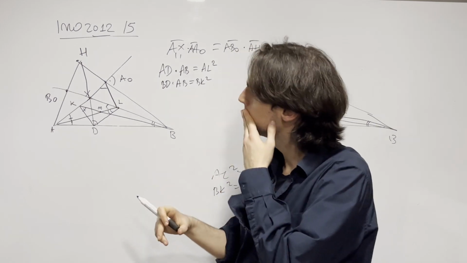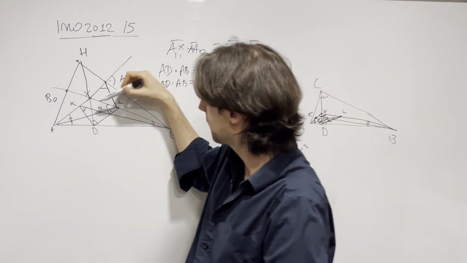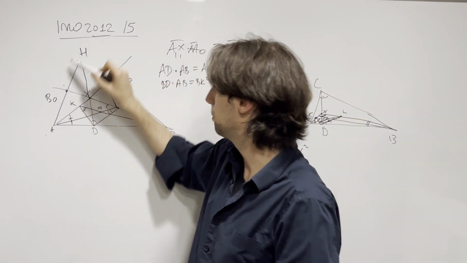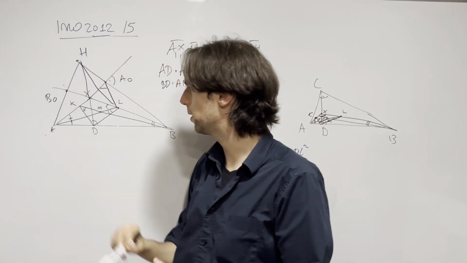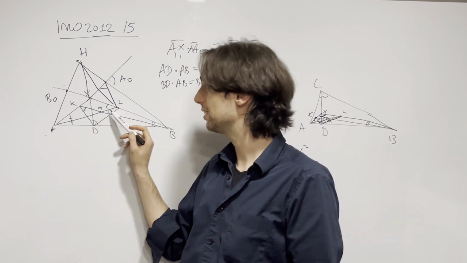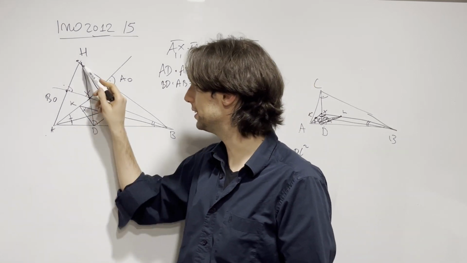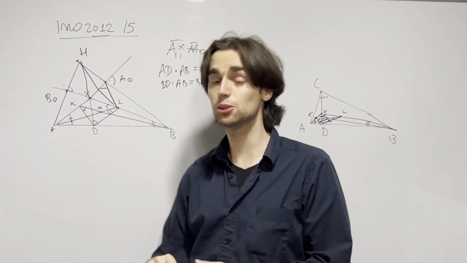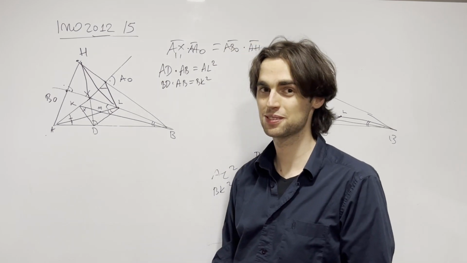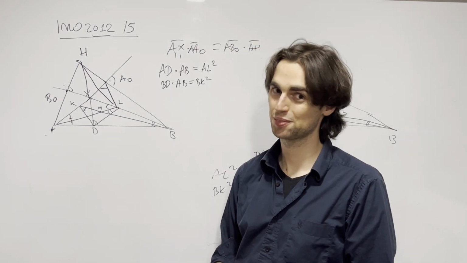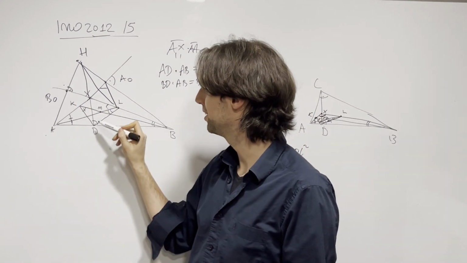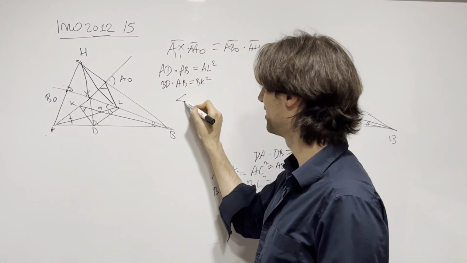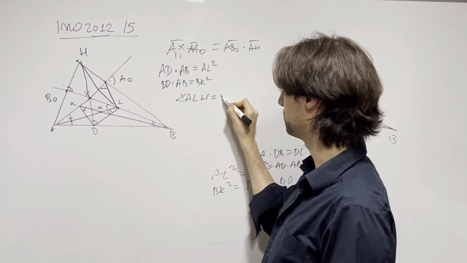Okay, no. Well, what about this one? We have AB0 times AH is AL squared. Now, AL is tangent to this triangle. What's so special about this triangle? Well, what's special is that this is a right triangle, which means ALH is equal to 90.